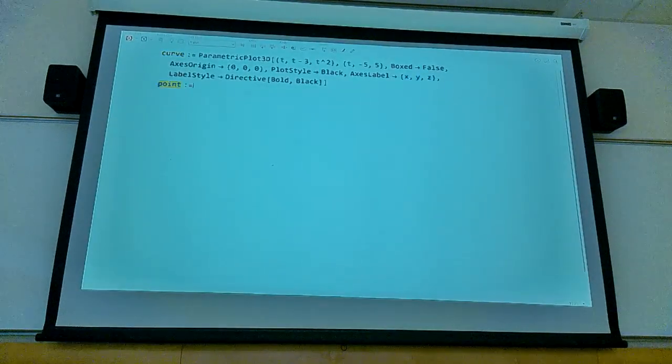Trying to find the curve, trying to plot it in 3D. The curve was (t, t - 3, t squared). Find a new variable point.